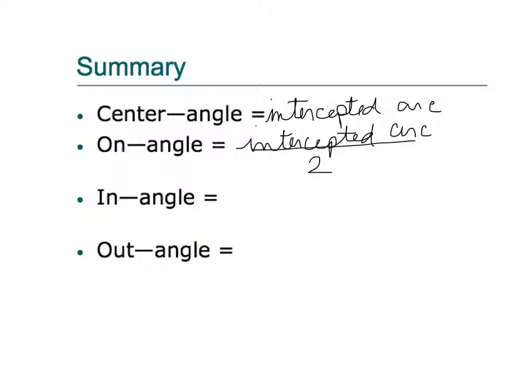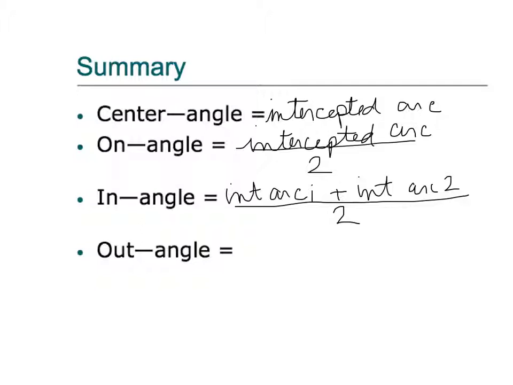If I spy an angle and the angle's swimming somewhere inside of that circle, then I need to identify the 2 intercepted arcs. I'm going to say intercepted arc 1, and I add it to intercepted arc 2, and I divide by 2. Last situation.